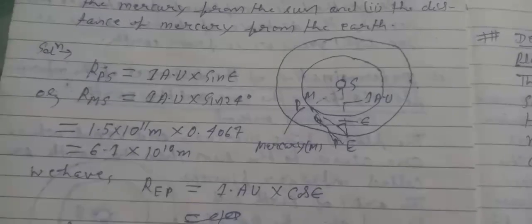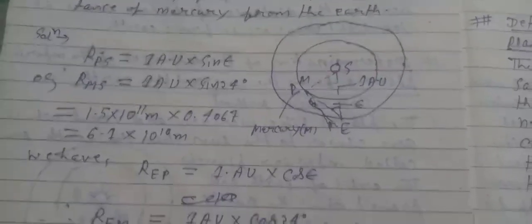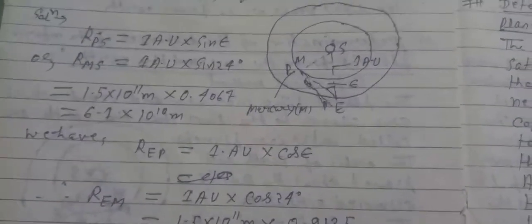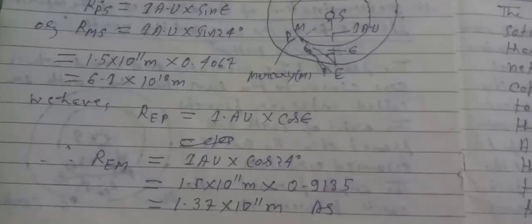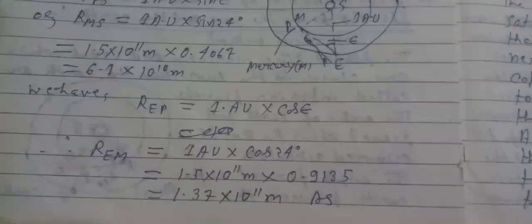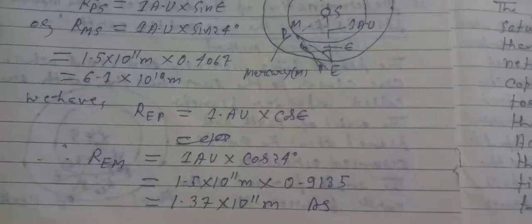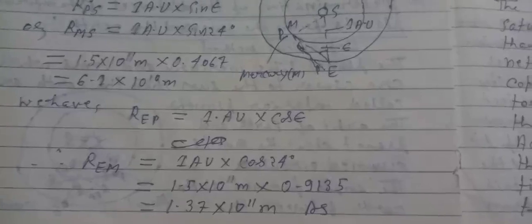Solving this we get 6.1 into 10 to the power 10 meter. Now we have R_EP equals 1 AU into cos E. Hence R_EM equals 1 AU into cos 24 degrees. Solving we get 1.37 into 10 to the power 11 meter. Answer.